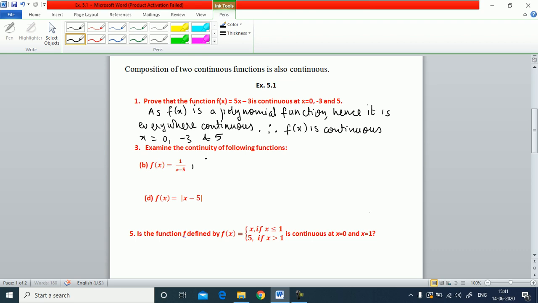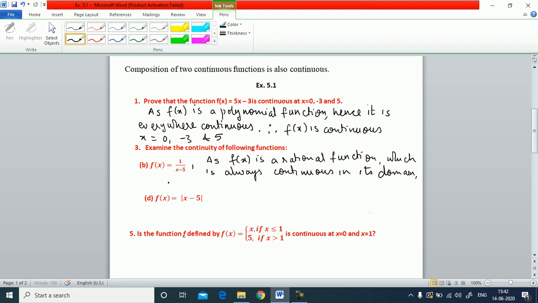So we can again simply give the justification as f(x) is a rational function, which is always continuous in its domain, hence f(x) is continuous.